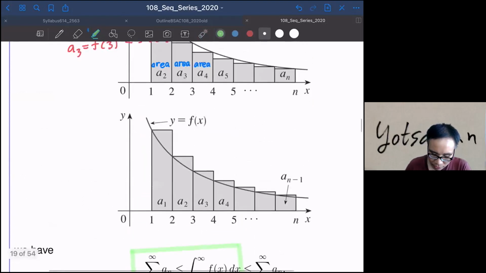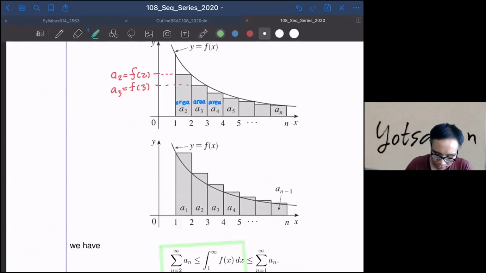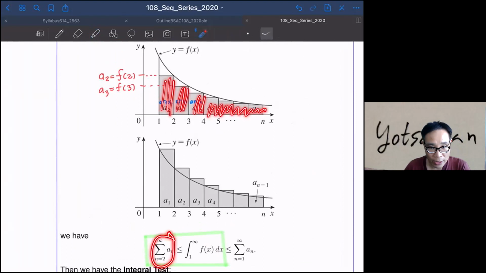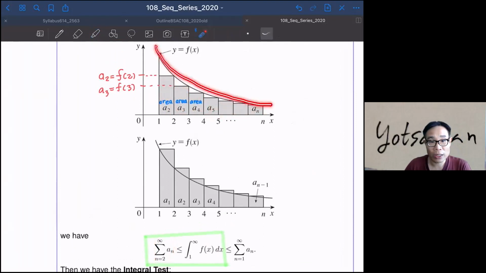Let's take a look at this picture. It means that the sum here, on the left side, is smaller, and the integral is going to be bigger because it includes some error.